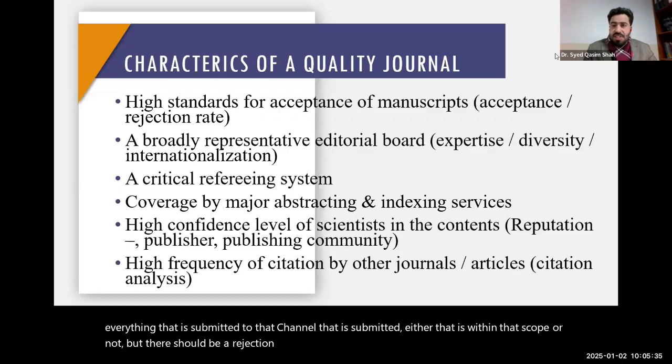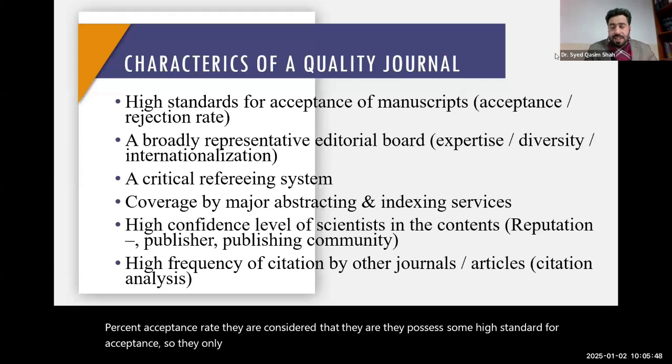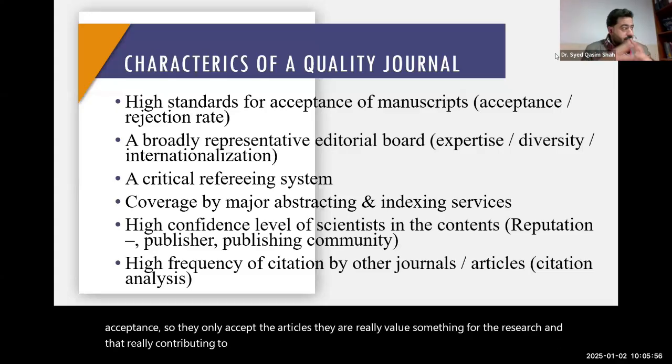Usually journals with a 10%, 5%, or 7% acceptance rate are considered to possess a high standard for acceptance. They only accept articles that really add value and contribute to academic journals and academic research.